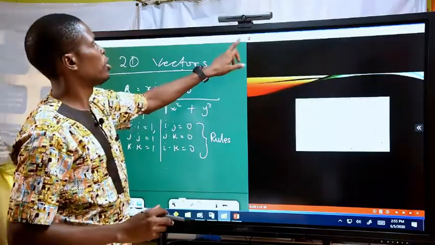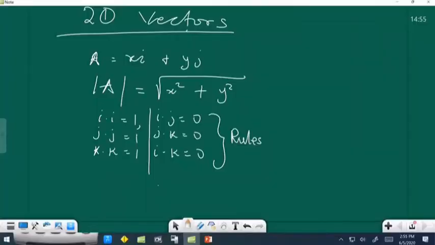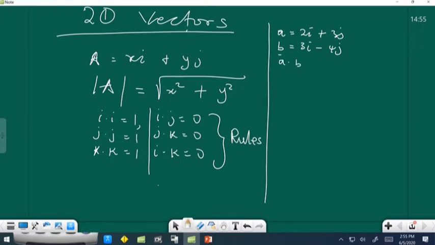So when we want to multiply 2 vectors within 2 dimensions, when we are given vector A is 2i plus 3j, and vector B is 3i minus 4j, then A dot B, which is the scalar product of vectors A and B, is the same thing as (2i plus 3j) dot (3i minus 4j).